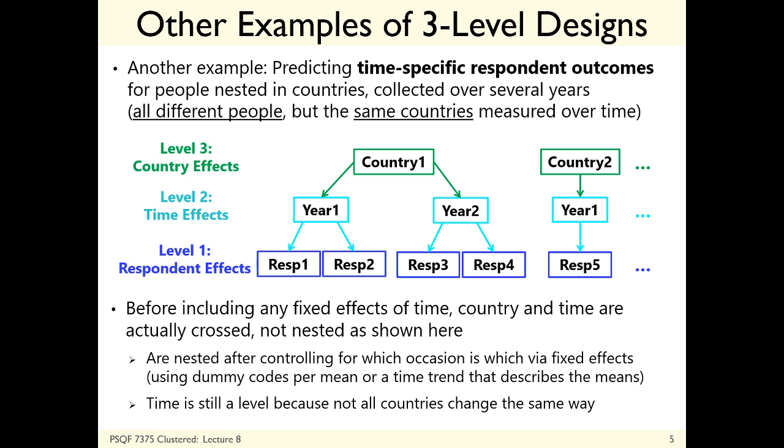You really have to be willing to believe that the people that show up in year 1 are functionally the same as the people who show up in year 2 to be able to talk about how the country changes. So then you get into things like sampling weights and representation and all that kind of stuff. But in this case, time is level 2, because respondents are nested in years.